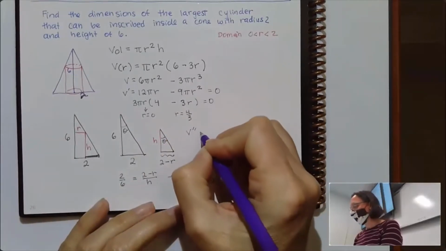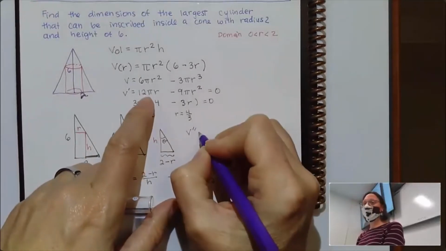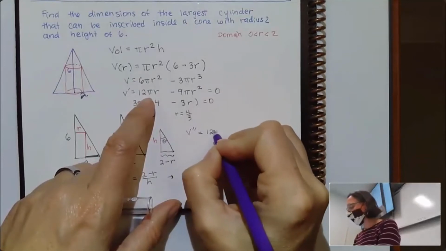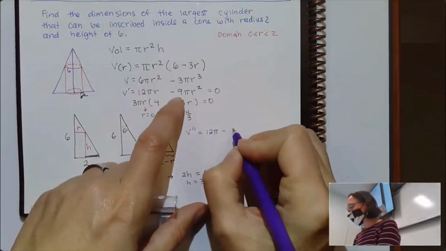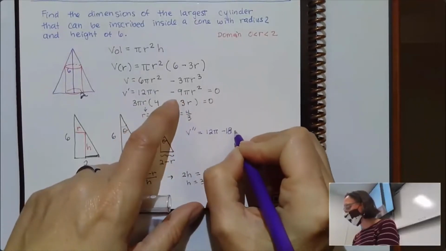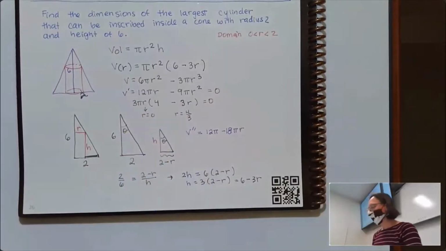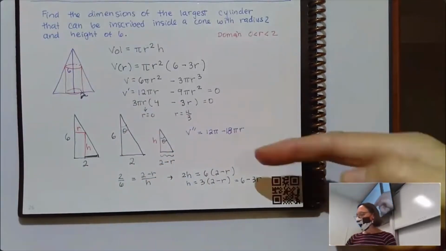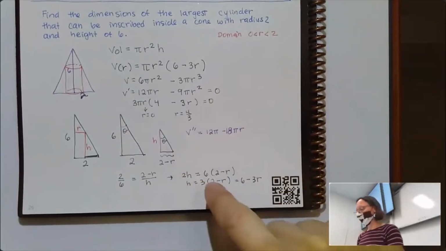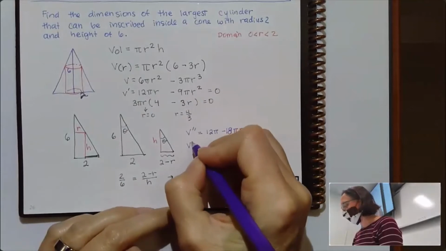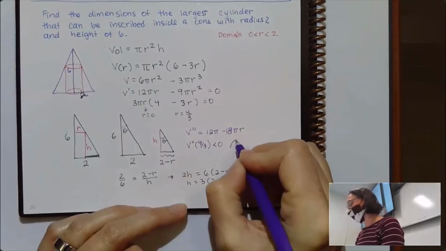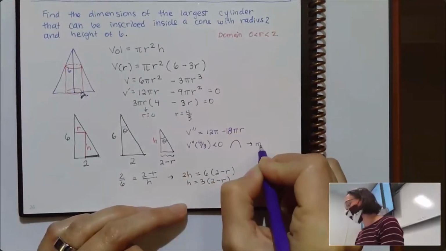So if I take that second derivative, and I'm going to go back to the not factored one so that I don't have to do product rule, I'm going to have 12 pi minus 18 pi r. So for sure, when I plug in that 4/3, this whole thing is going to be negative. So V double prime of 4/3 is less than 0. So it's concave down. So we did have a max.